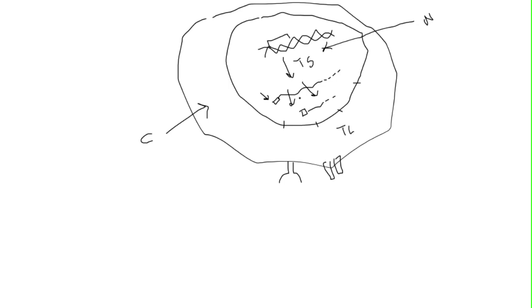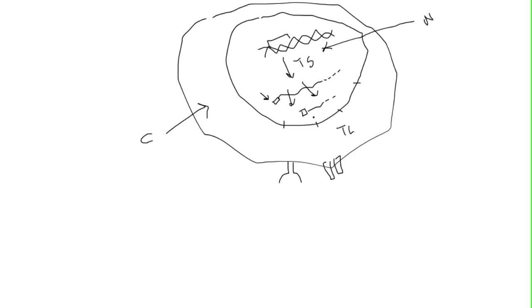And alternative splicing means that you can cut it in different ways to get different versions of a protein. These are known as isoforms, all right? So you cap, you add a poly-A tail, and you can alternatively splice. Those are the 3 steps: capping, tailing, and alternative splicing.